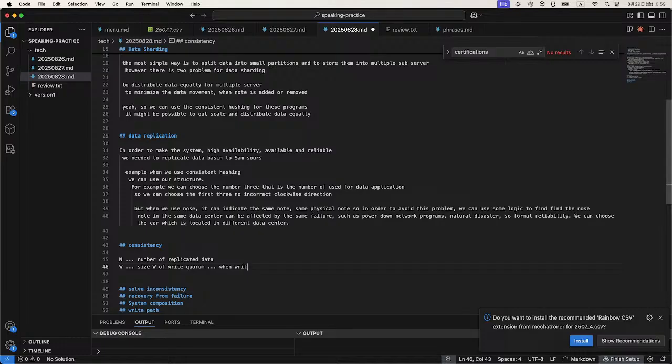When a write operation succeeds, it needs to confirm the write operation from W replicas. R is the size of the read quorum.